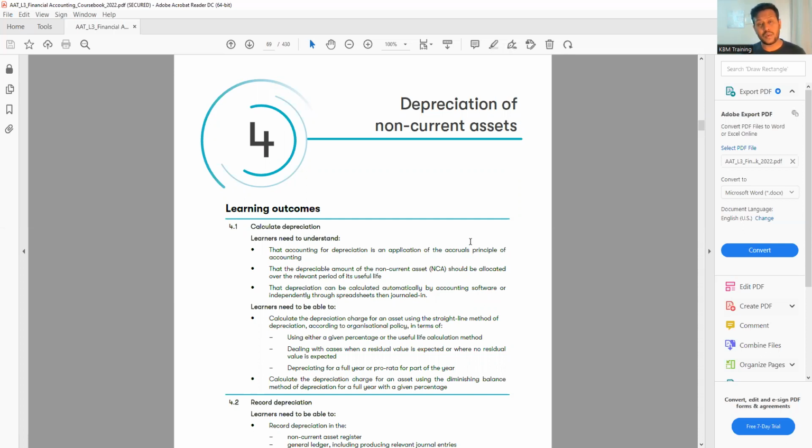Let's try to understand what is depreciation. For example, let's say we buy a computer or PC, that is a non-current asset, and we buy it for, let's say, £500. Now, when you buy a non-current asset, at the same time, the company has a policy to decide how many years they want to use it, so after how many years they want to replace it.